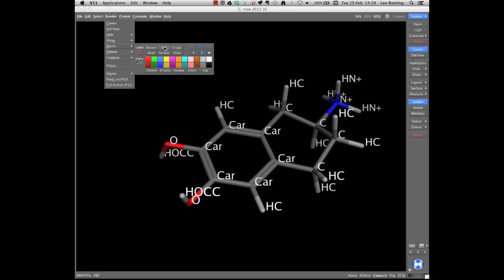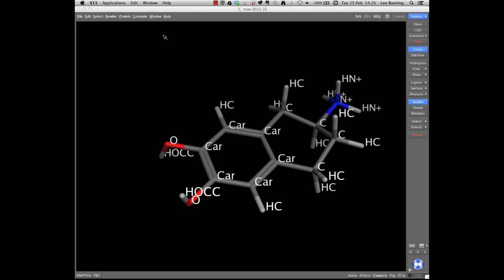Because it understands the atom typing, and from those atom types it looks up how a bond should work, how an angle should work, how a dihedral should work, and so on. It fills the force field components together, ready for that modelling to take place.